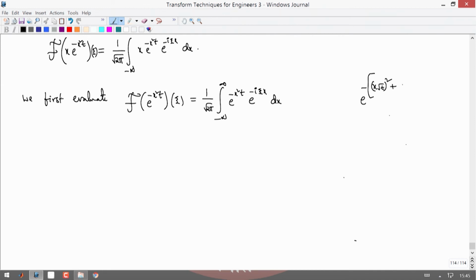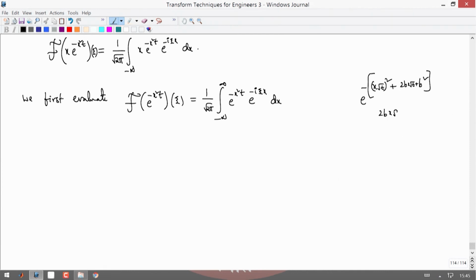To get xi x, if I say a square plus 2ab plus b square, so plus some b square, 2b x root t, already x is there, x root t plus b square. So, that is what you have. So, what is this 2b root x?